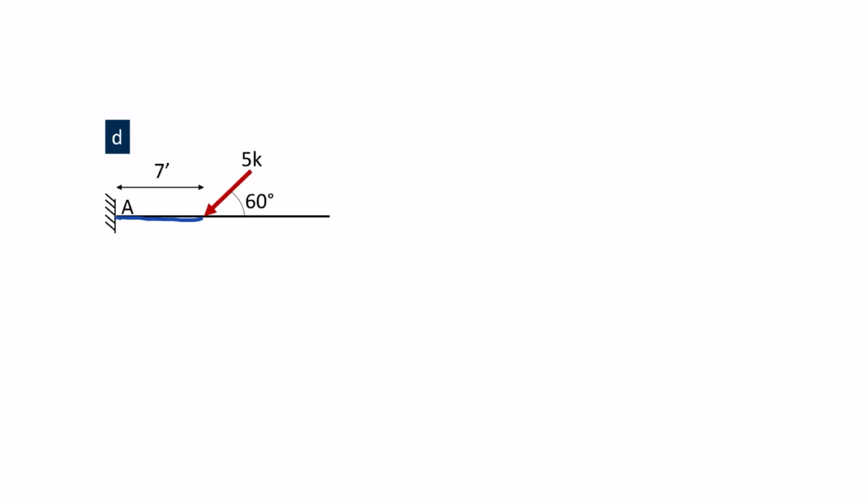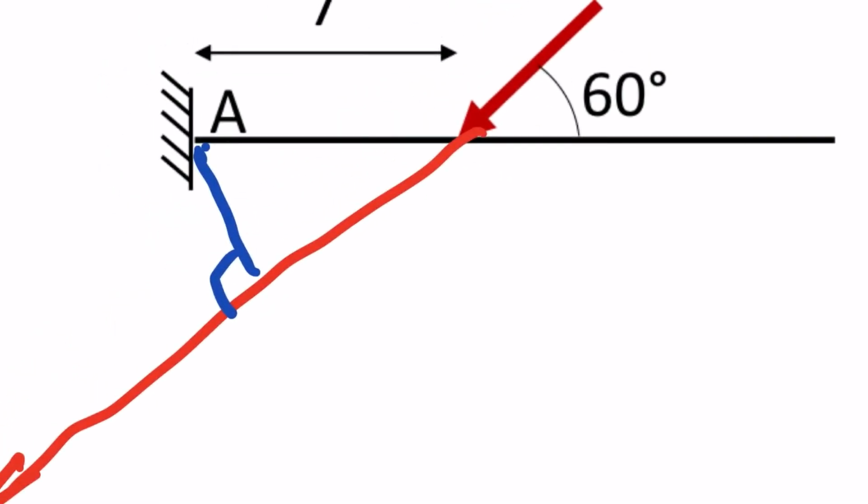If you select from here to here, that is not correct as well. As I told you previously, if the force is too short, you just extend it to make it longer. And then you can draw the perpendicular distance. This is D over here.